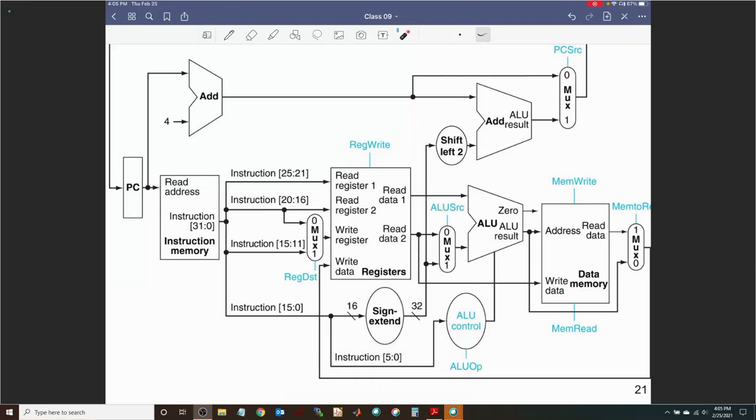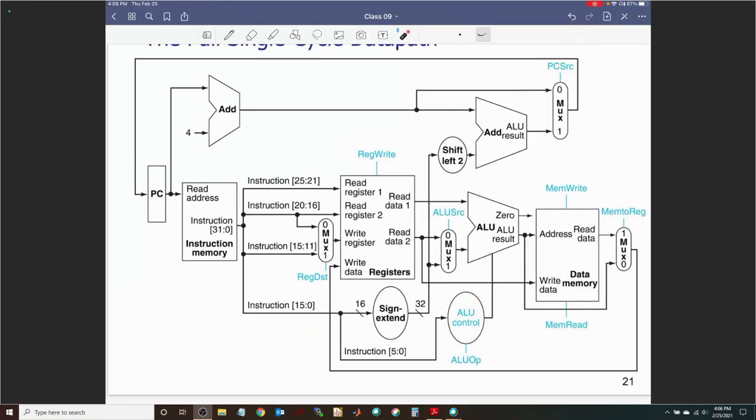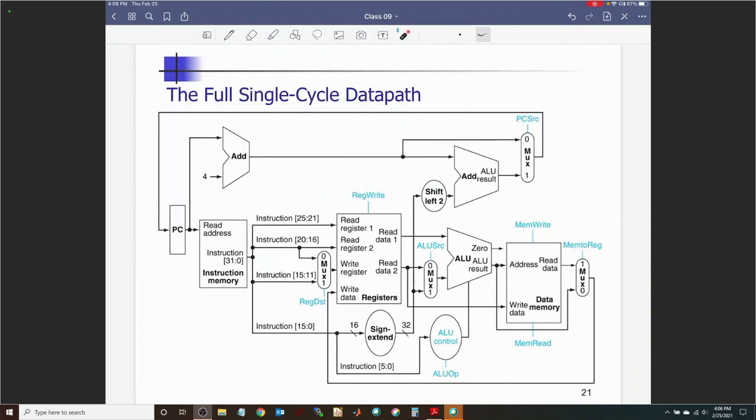When we start talking about ALU control, in the lecture after the exam, you will see why we need this and how it plays a role. For now, focus on the instruction memory, register file, ALU, and the memory, and don't worry about this particular block just for now.